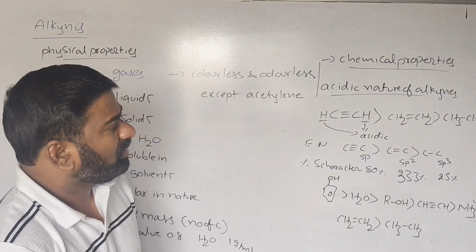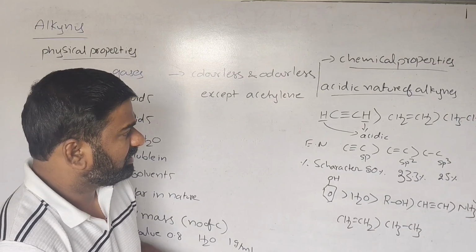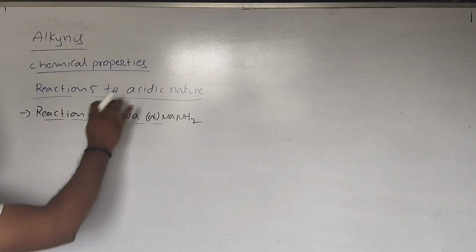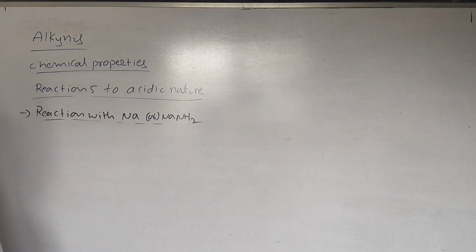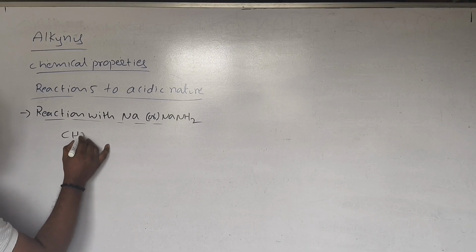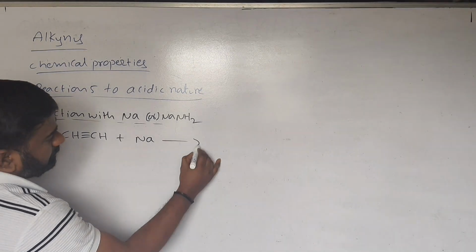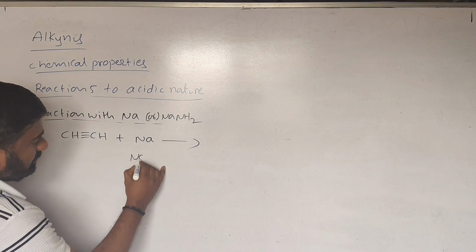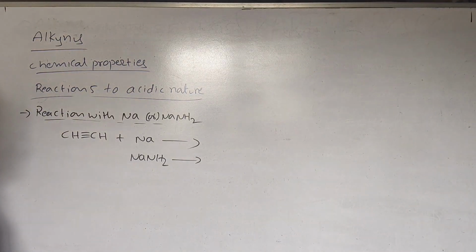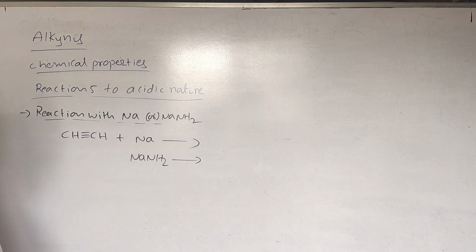Next, what are the reactions showing the acidic character? The reactions by which we can confirm the acidic nature of alkynes we will discuss. Reaction with sodium amide: acetylene, CH triple bond CH, reacts with sodium or sodamide, NaNH2. Generally, when acids react with metals, they liberate H2 gas.